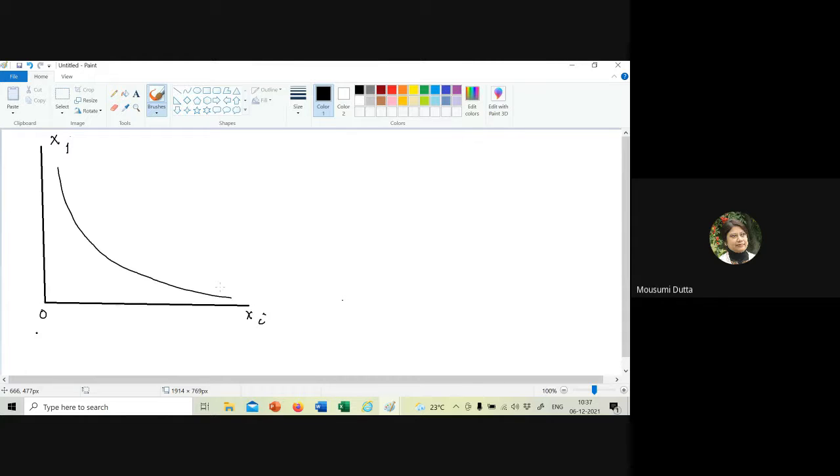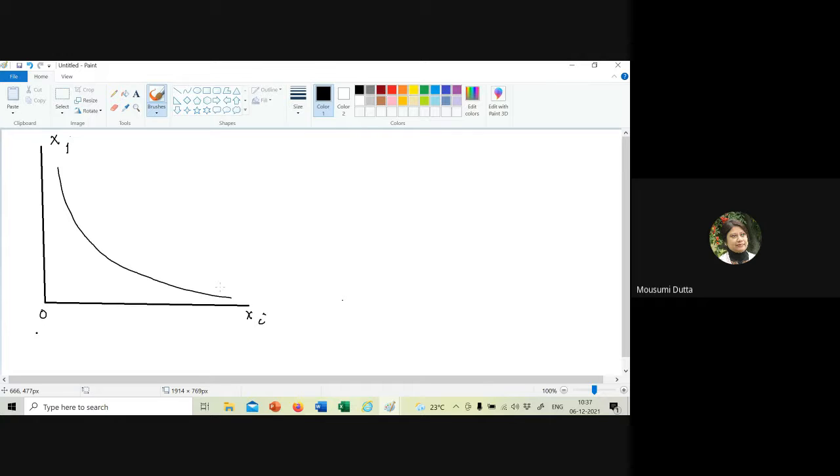So along the x-axis I'm considering xi, and along the y-axis I'm considering xj. If I draw the function like this, it is a strictly decreasing function in xi.